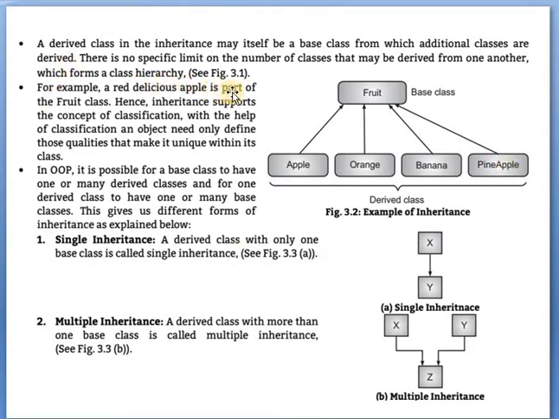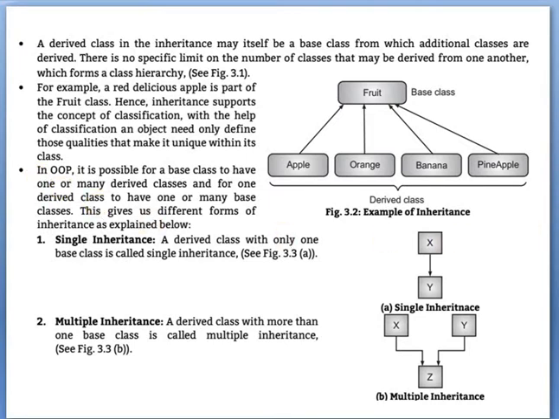A red delicious apple is a part of the fruit class. Hence, inheritance supports the concept of classification. With the help of classification, an object need only define those qualities that make it unique within its class. Apple, orange, banana, pineapple are all in the fruit class because they have common features. A flower is not, because it has other features.